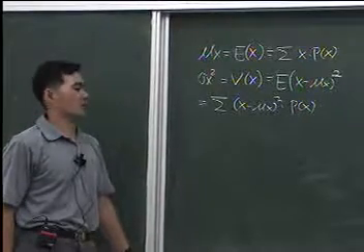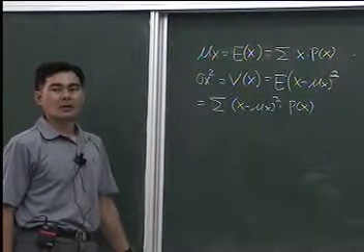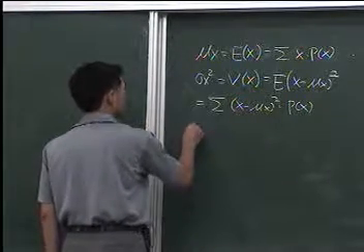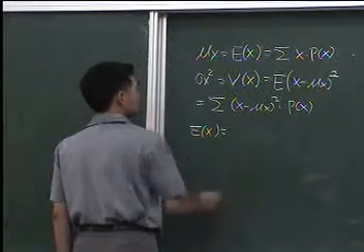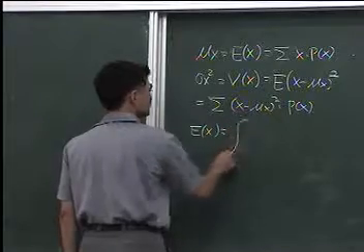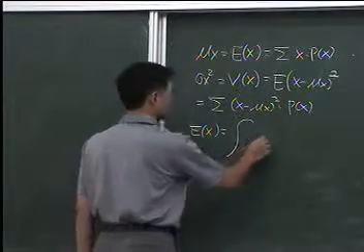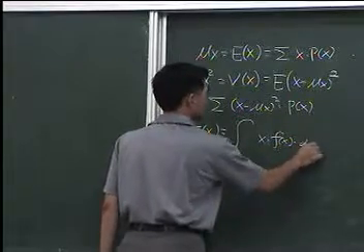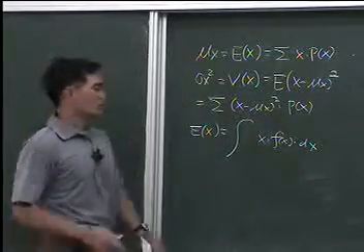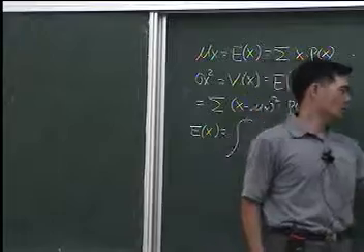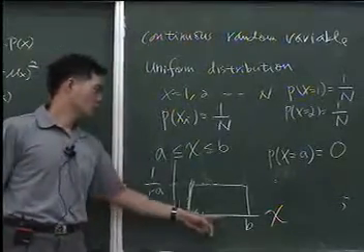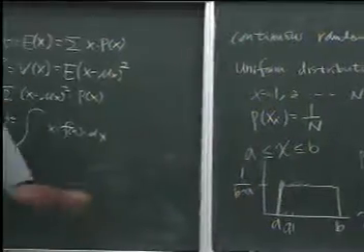And now we want to deal with the continuous type. So then expectation of x, the same thing, it is equal to, in this case, integral of x times f(x) dx. And of course, for this function, it has a domain. The domain is from A to B. Okay, what means domain?